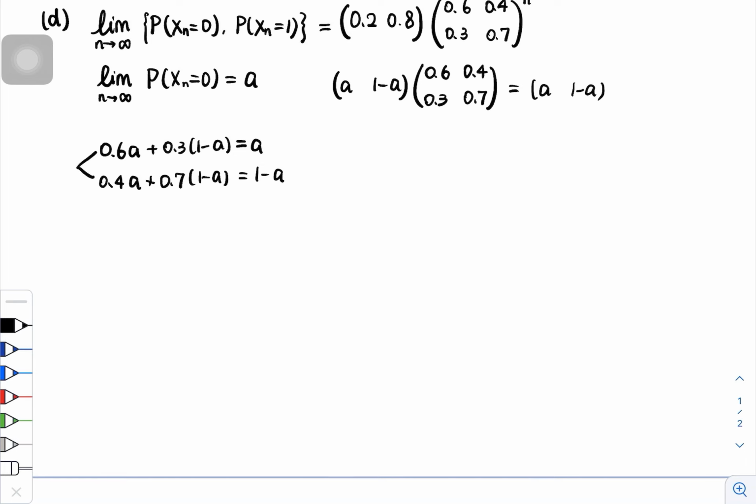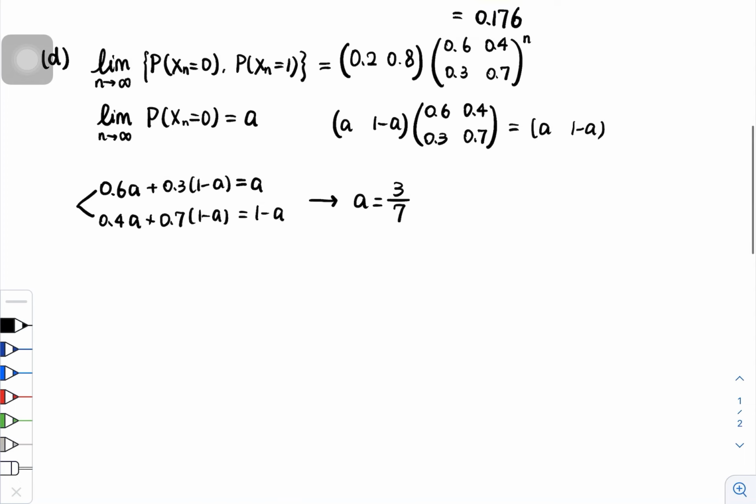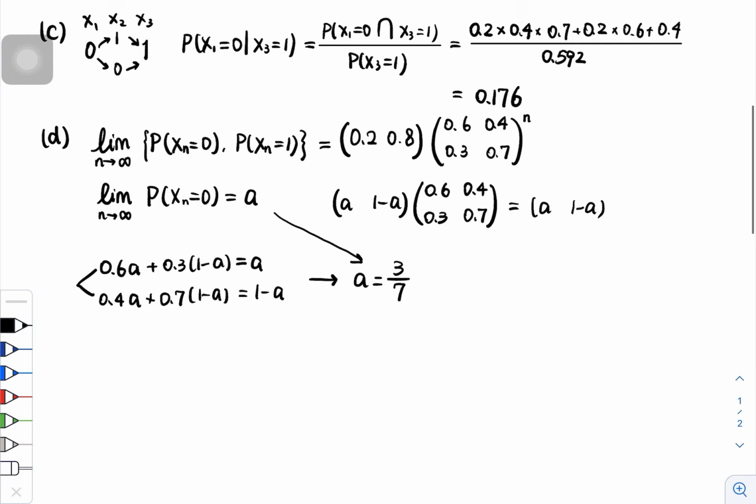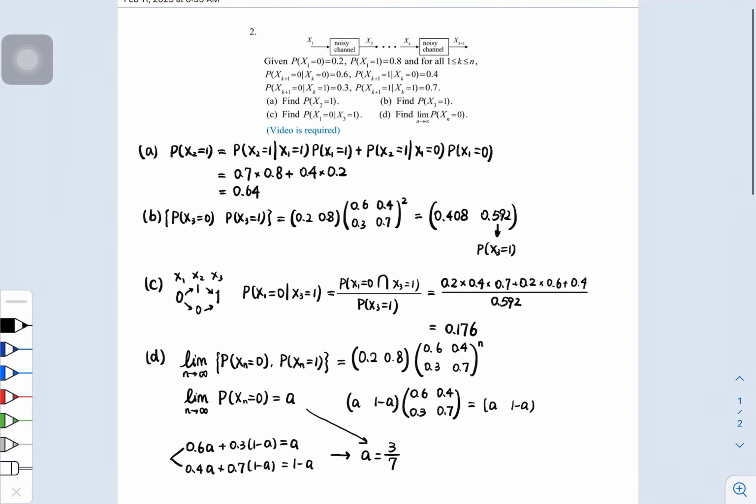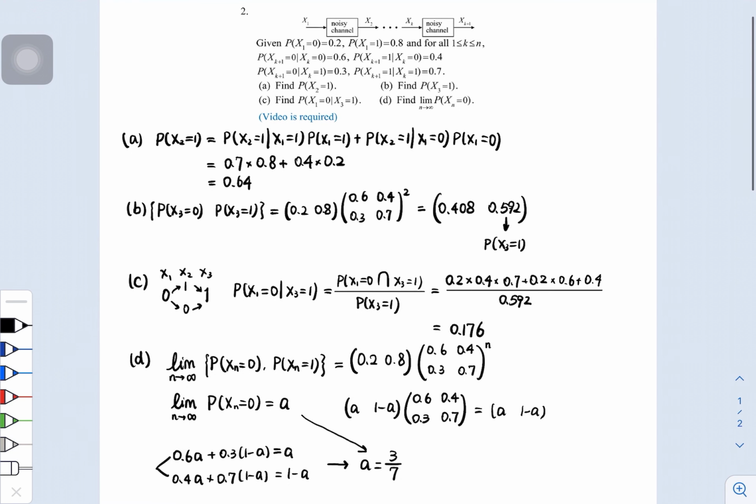These two equations are actually the same. After solving them, we can know that a equals 3/7. That is, the final result should be 3/7. That's all for problem 2.